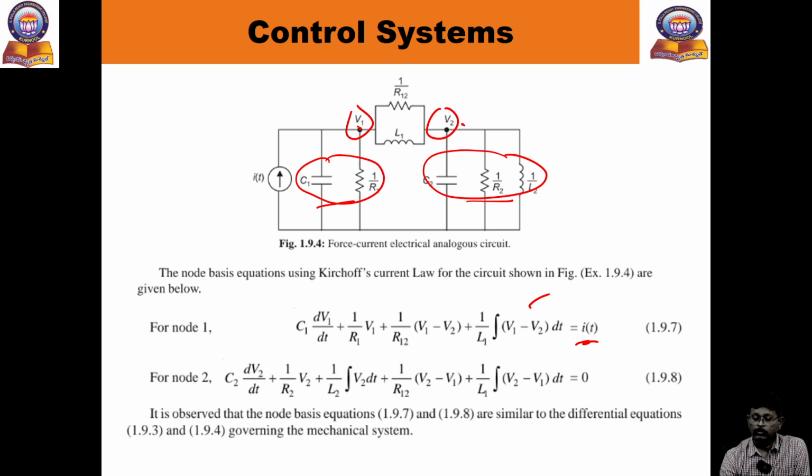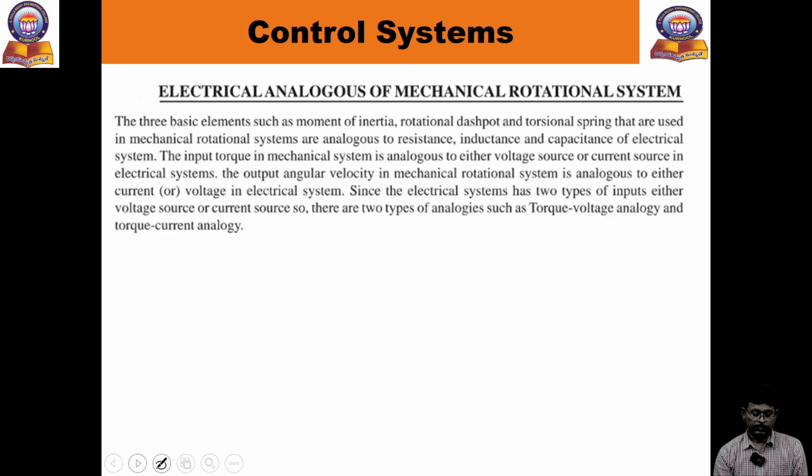For this node there is no incoming current, only the first node has the current source, so here we take 0. The sum of the currents equals 0 by KCL.